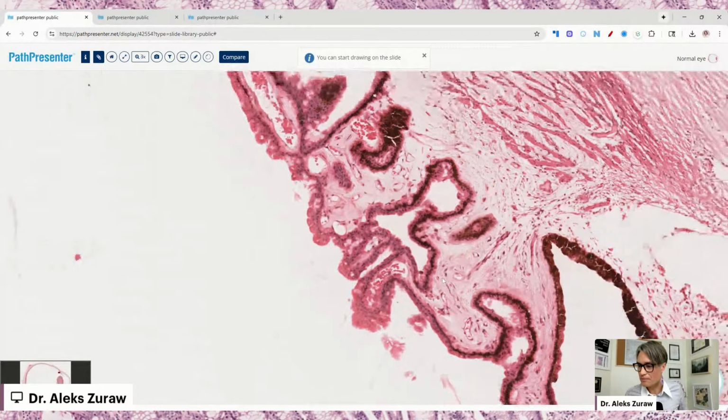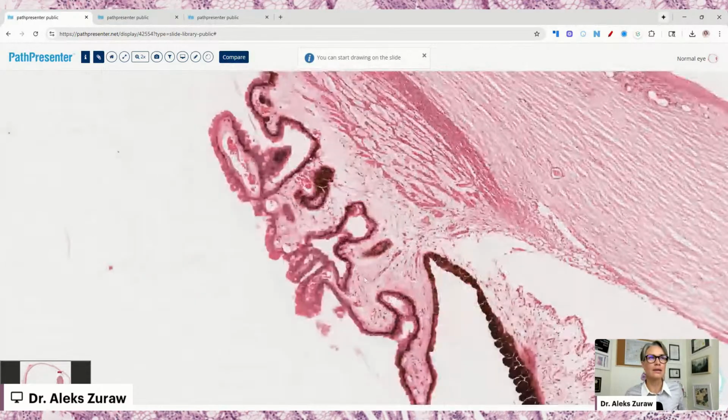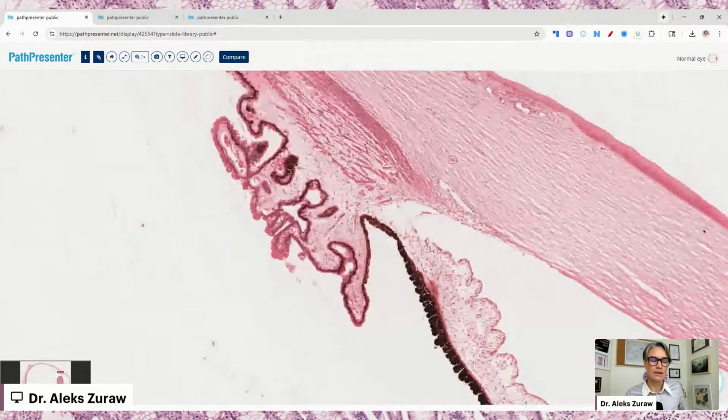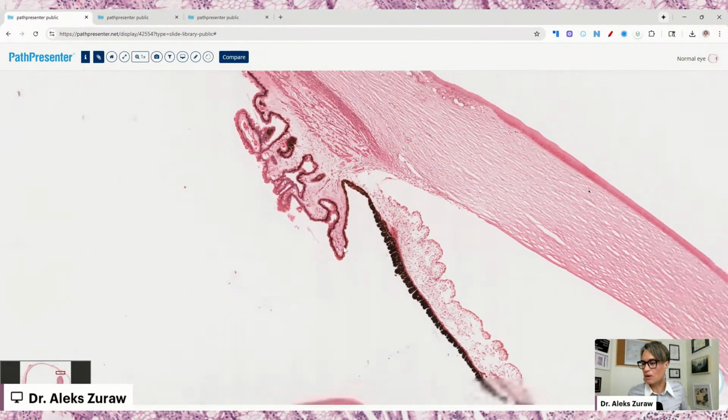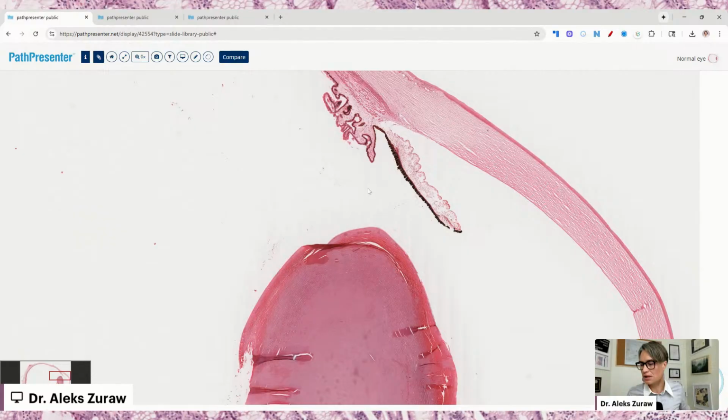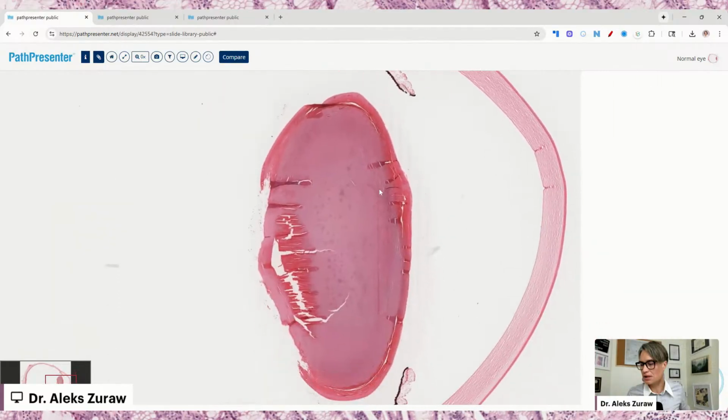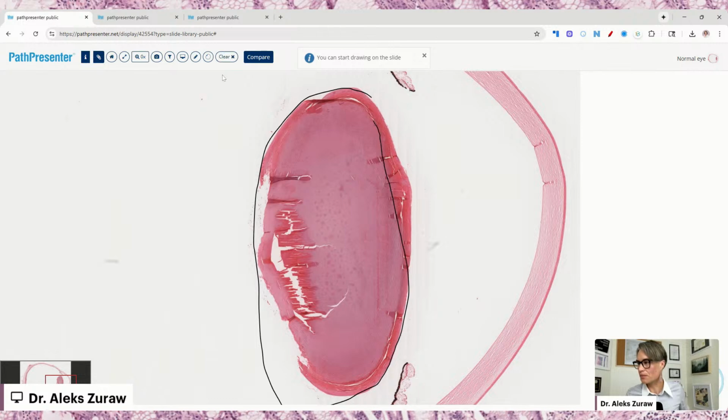And we have some smooth muscles, and the function of this is controlling the shape of the lens. So this is going to be attached to the lens, and this is the lens, actually. All this is the lens.